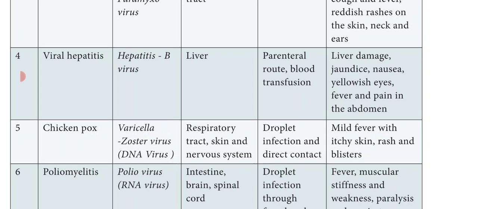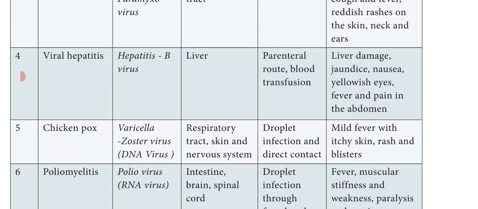So when blood is transferred from one person to another person without being properly tested, the disease is caused. Parenteral route means through injection: when an injection is not properly sterilized, and an injection used by a diseased person without proper sterilization is administered to a normal person, the disease is caused.